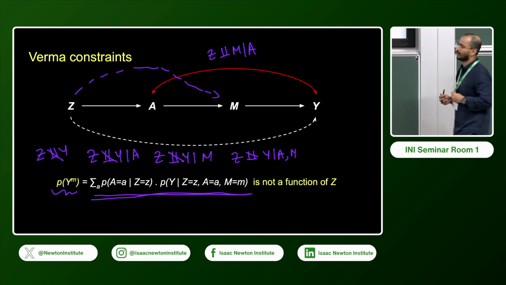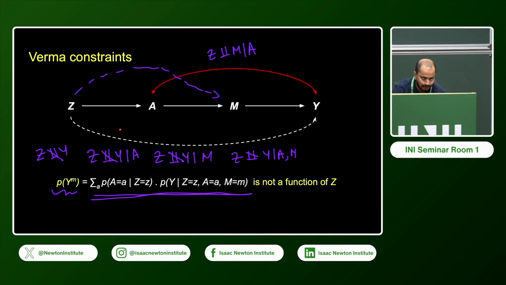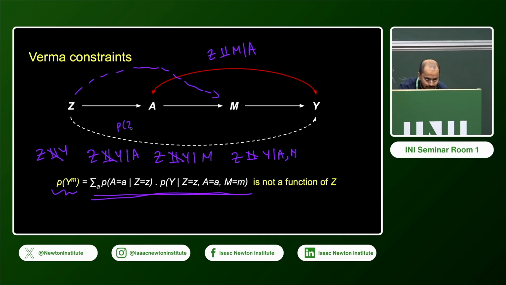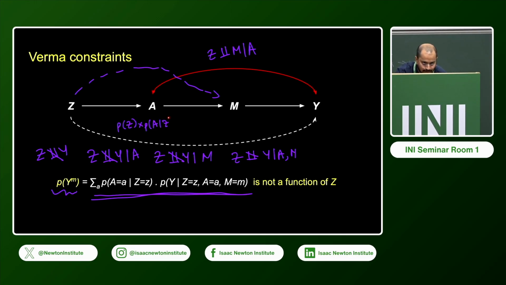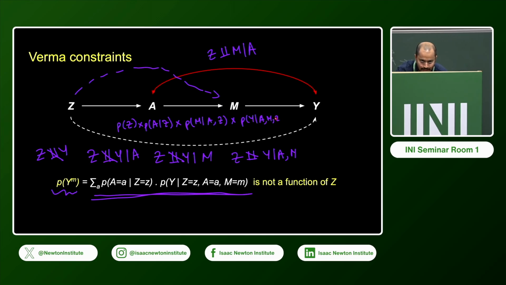So it's basically, if I just look at the natural factorization of this graph, that's p of z times p of a given z times p of m given a and z times p of y given a, m, and z.